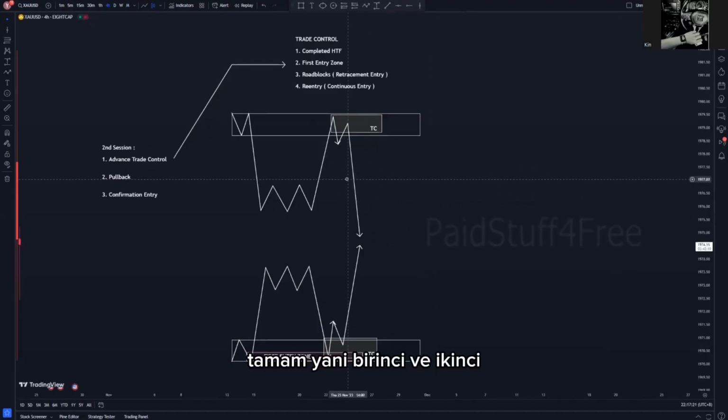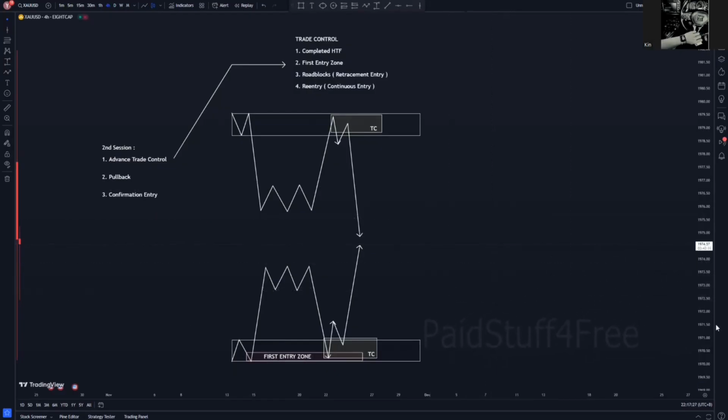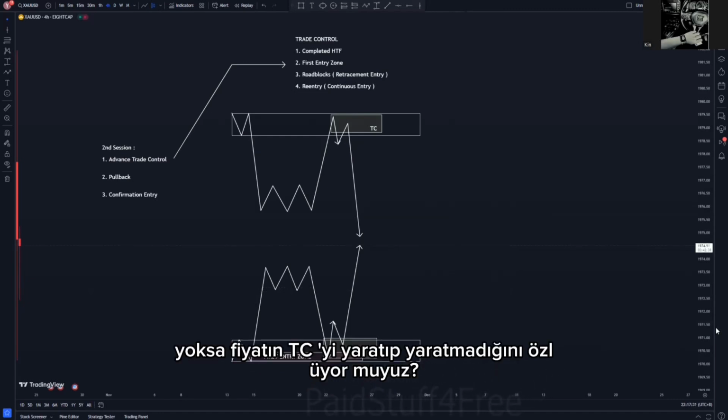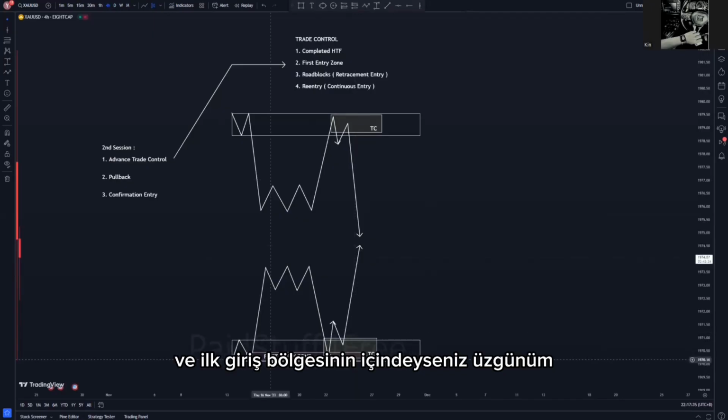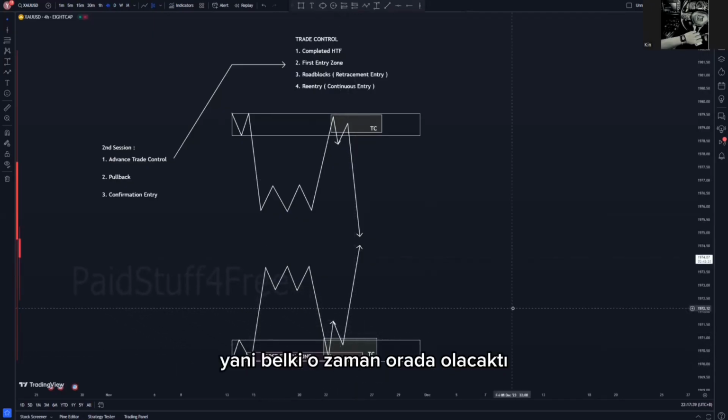So for the first and the second one, there will be times where the price will tap the first entry zone and not fly with no CE. How do we take advantage of those situations, or do we just miss? If inside the first entry zone there is no confirmation entry, maybe at that time there is news.